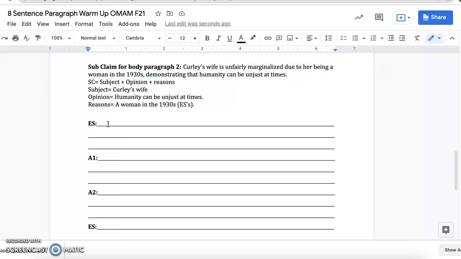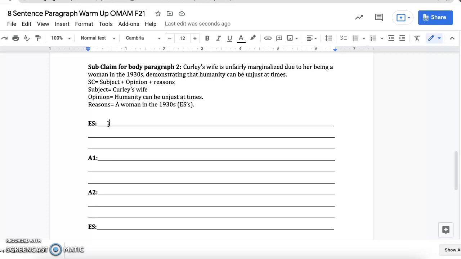Okay? So then, what I'd like for you to do at this moment is to go ahead and open up your books and look for instances in which Curly's wife was marginalized due to her gender. So some good suggestions would be upon meeting George and Lenny in chapter 2 and seeing the way that Candy gossips about her immediately to George and Lenny.